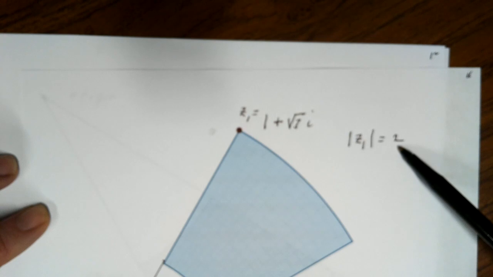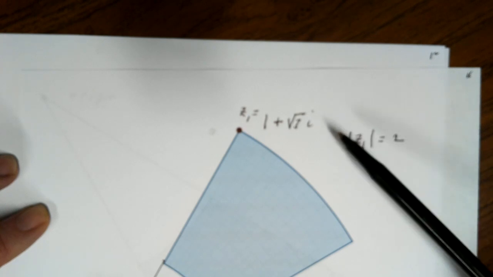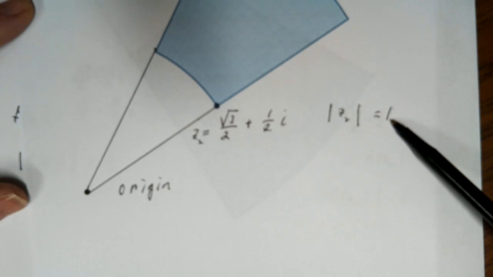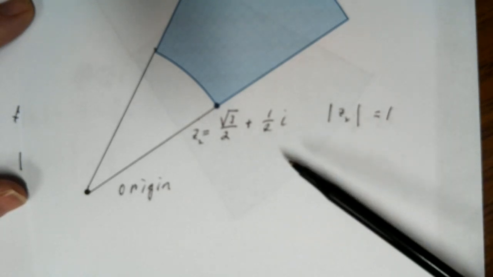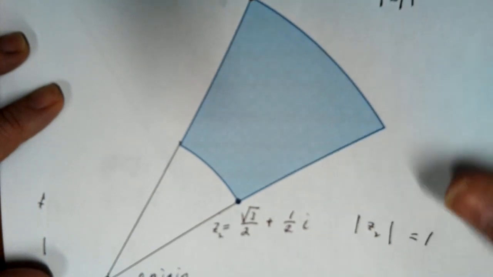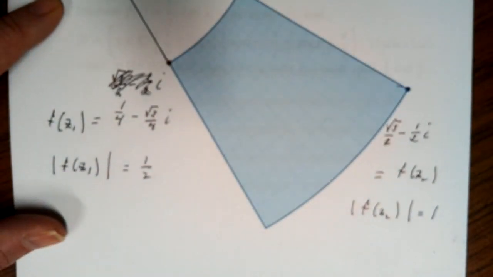If its modulus was 2, the output has modulus 0.5, and then we reflect this about the real axis. z2 was on the unit circle, so its modulus was 1. The reciprocal of 1 is still 1, so f of z2 will have a modulus of 1, and we're simply going to take this and reflect across the real axis. So here's the picture.